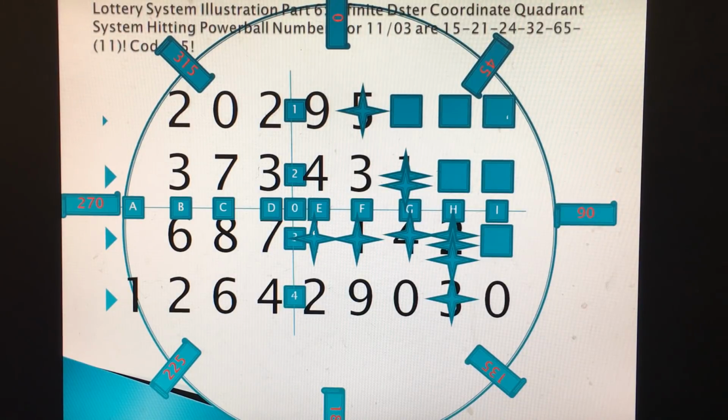And as you can see, the winning numbers are broken down into degrees. Now, as we can see, half of the circumference of the Dster was not used in picking out winning numbers.